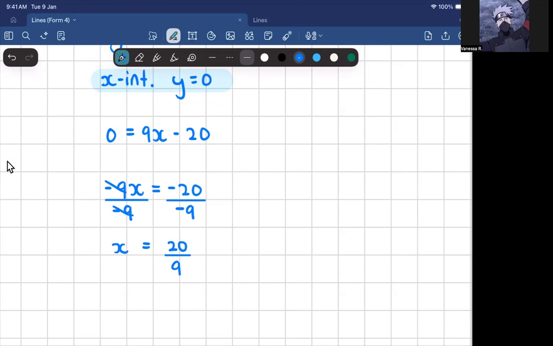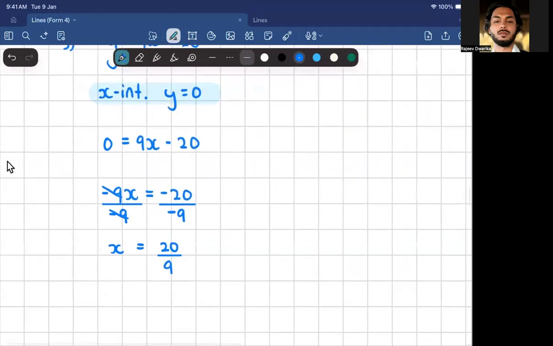When I say reduce, I'm talking about, say we have 20 and 9. Is there any number that could go into both 20 and 9? Simplify it? No. So we leave it as 20 over 9.